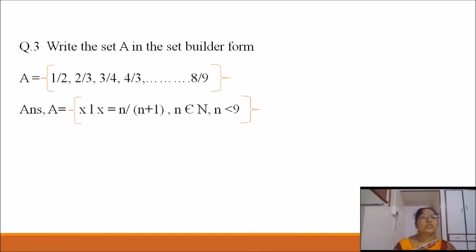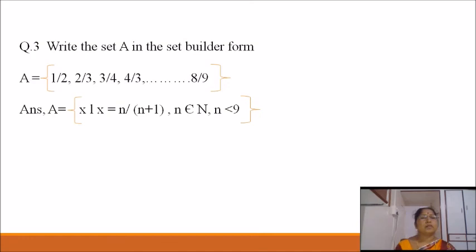Now, question 3. Write the set A in set builder form. The set A is equal to {1/2, 2/3, 3/4, 4/5, ..., 8/9}. Now here we observe that the denominator of every element is greater by 1 than the numerator.